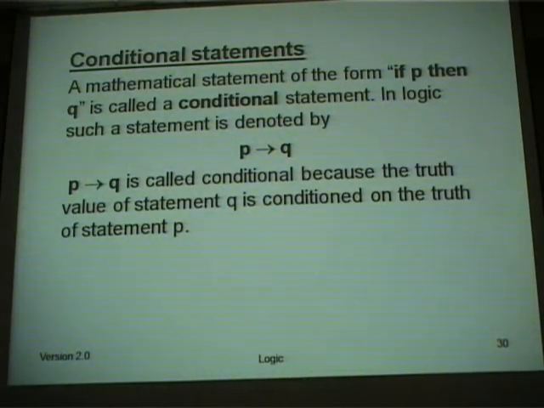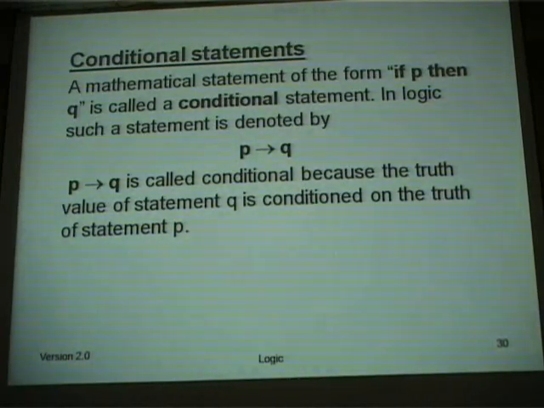The conditional statement is also very familiar to you. Whatever statement, opinion, view or idea you express using a condition. For example, if it rains today, I won't come for the lecture. That is a conditional statement. What you want to say is conditioned on something.